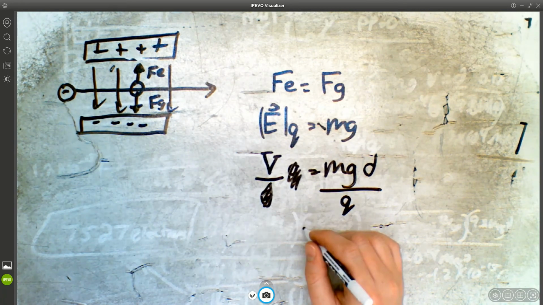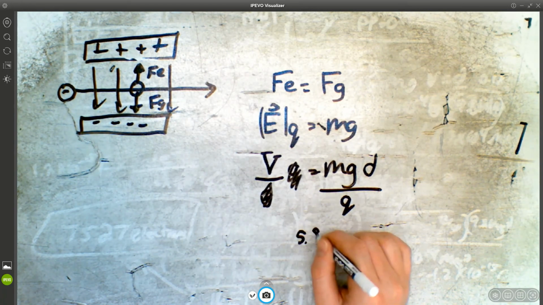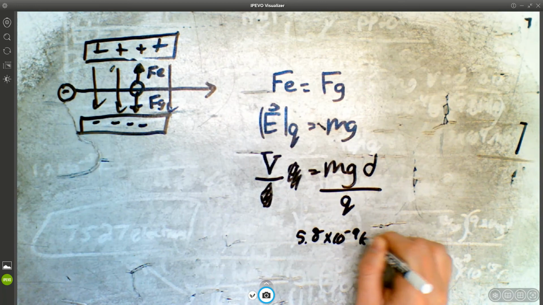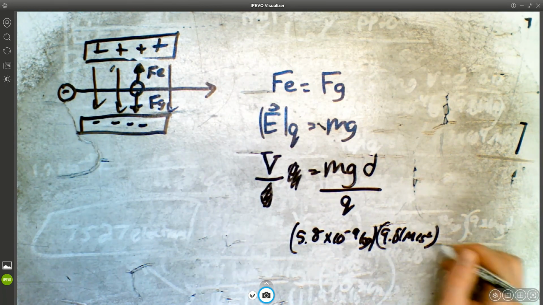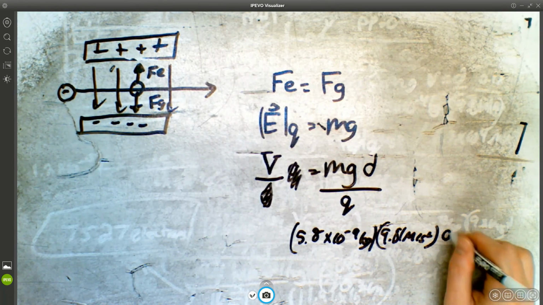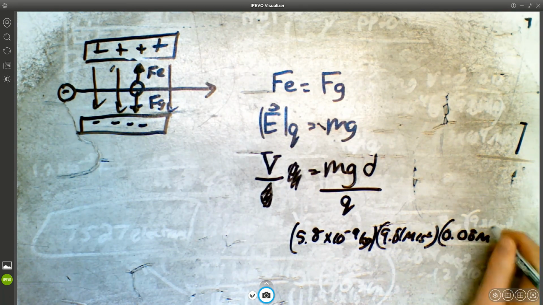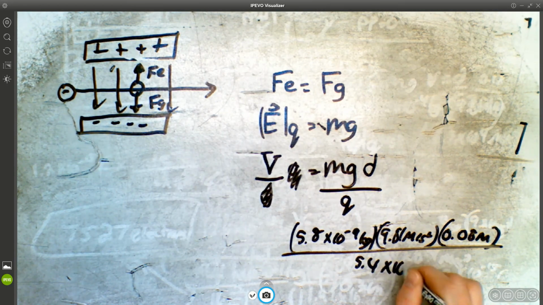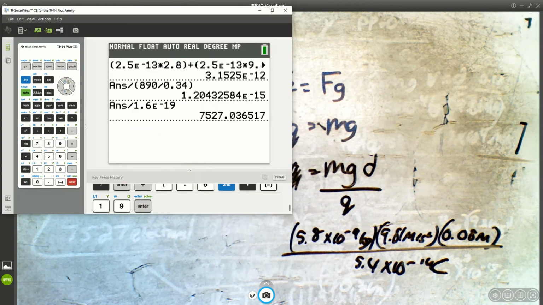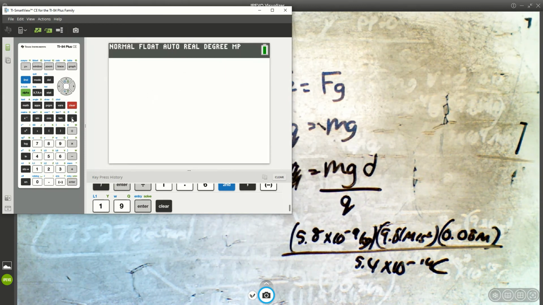Okay, so our mass is 5.8 times 10 to the negative 9 kilograms times 9.81 times our distance between the plates, 0.08 meters. And our charge is 5.4 times 10 to the negative 14 coulombs. And that'll give us our voltage.